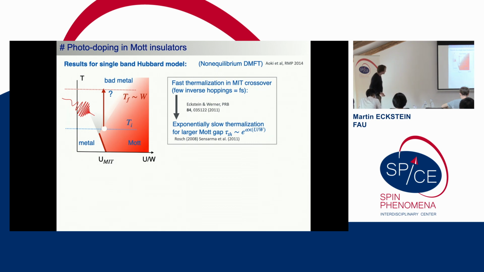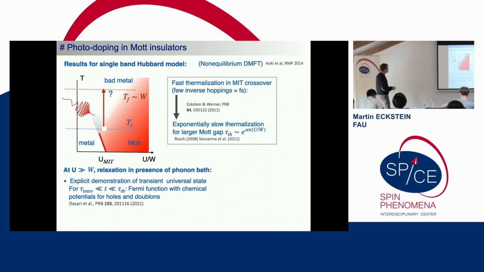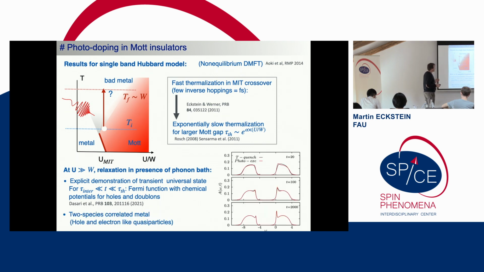And then in this regime where you have this exponential bottleneck and this long lifetime of population in the upper band present, you can actually start to do simulations in the presence of a heat bath, other degrees of freedom, and then you indeed also for these systems find situations in which you have this separate Fermi function in the upper and lower band. Yeah, so this picture is valid.